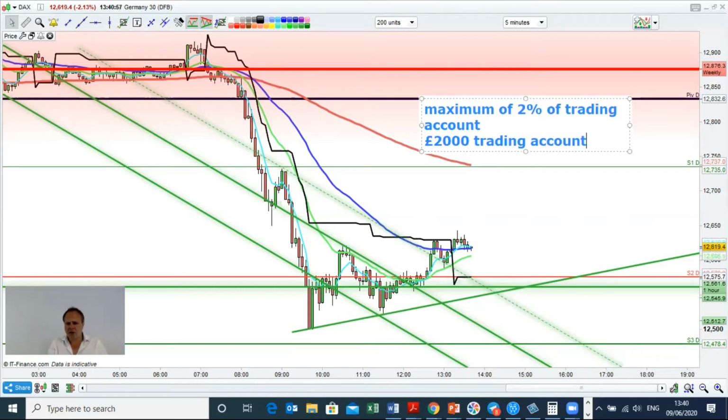But let's just say you've got this £2,000 trading account, and on this particular trade there's a 36-point risk. That means the maximum you can risk on here is only £40. 2% of 2,000 is £40.